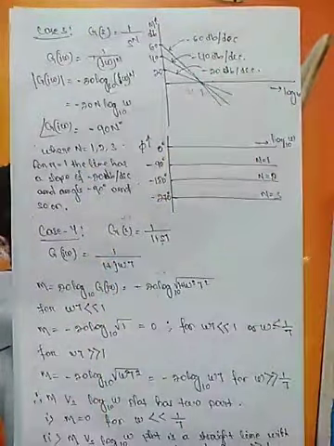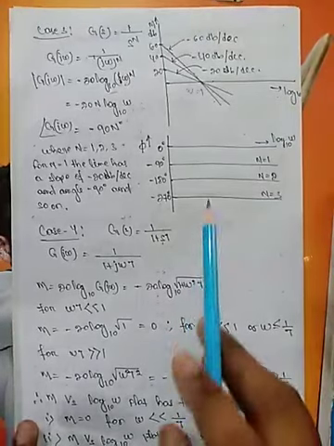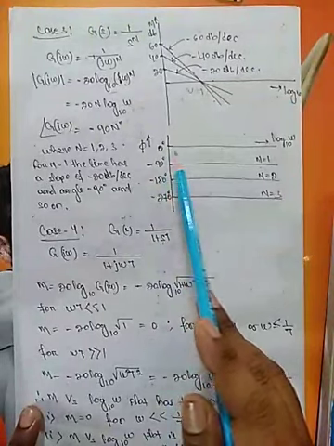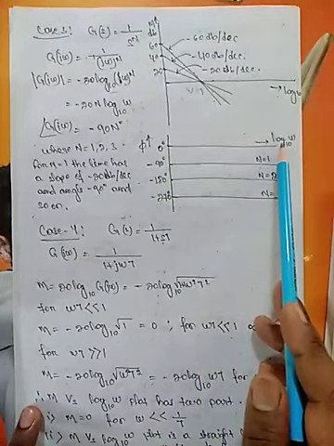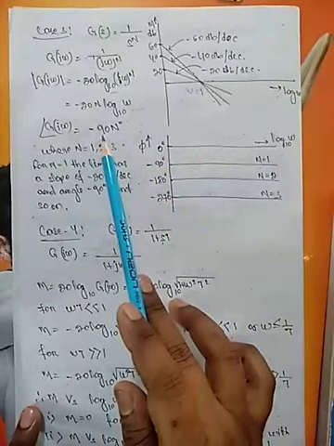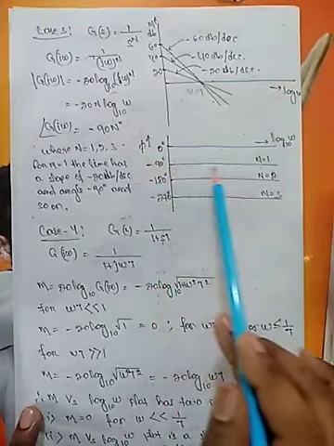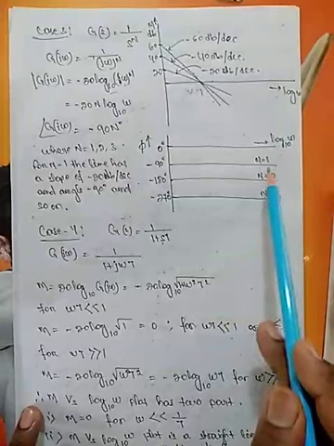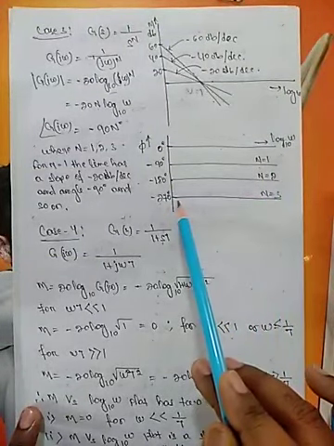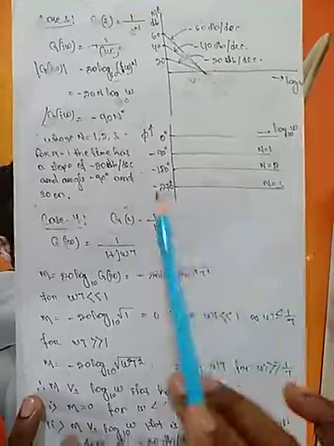Similarly, you draw minus 60 dB per decade. And phase angle versus frequency in the logarithmic scale is also a straight line. For n equal to 1, minus 90 degree. For 2, it is minus 180 degree. For 3, it is minus 270 degree.